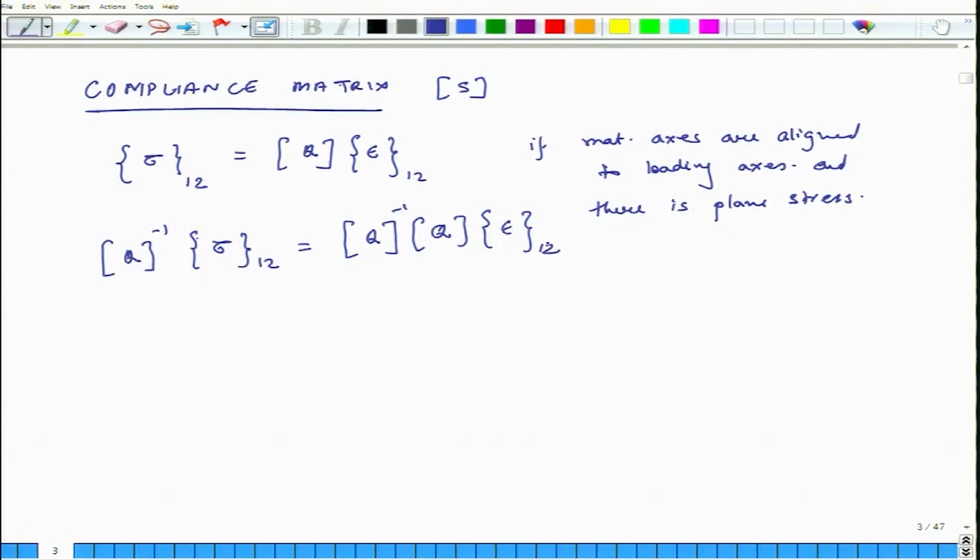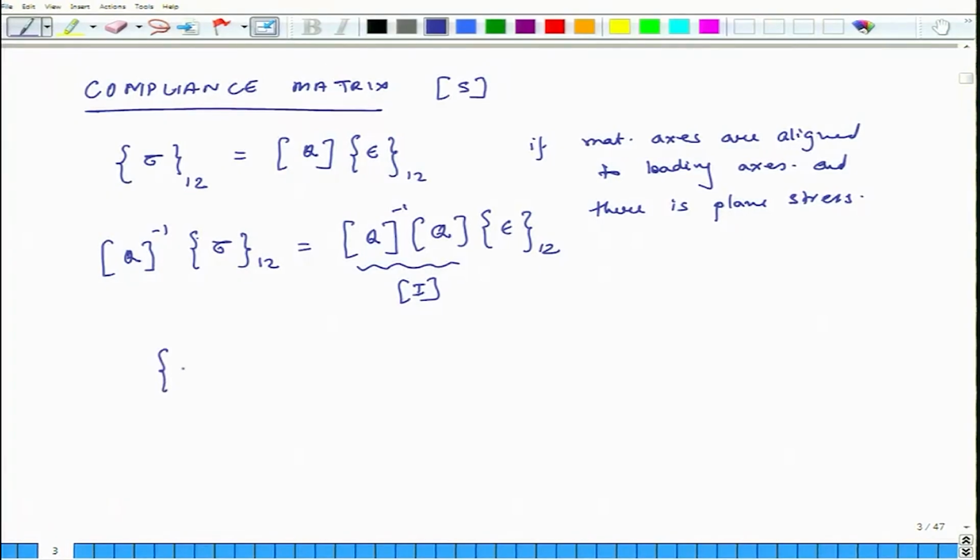so what I have done is I have multiplied both sides by the inverse of Q, and Q inverse times Q is an identity matrix, a unity matrix. If I multiply this by epsilon 1 2, I just end up with epsilon 1 2.